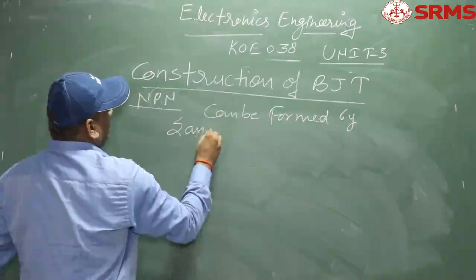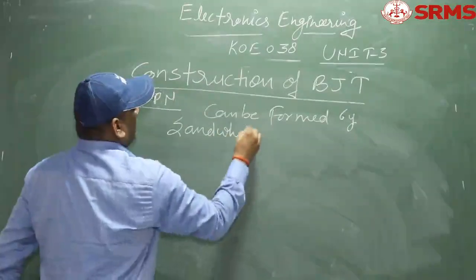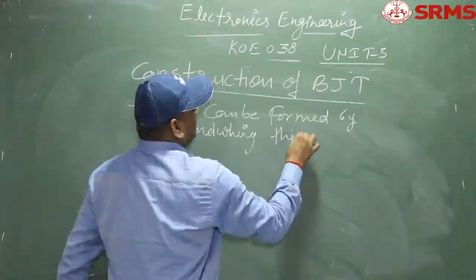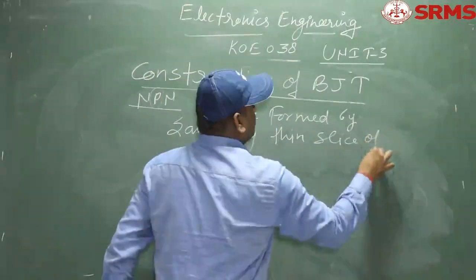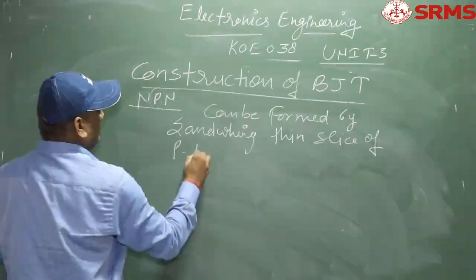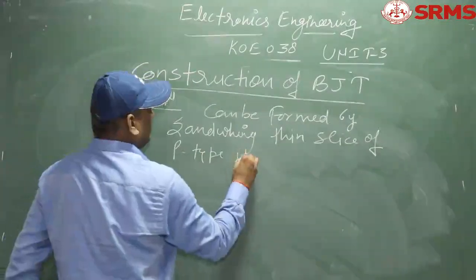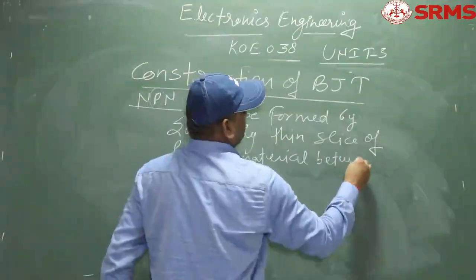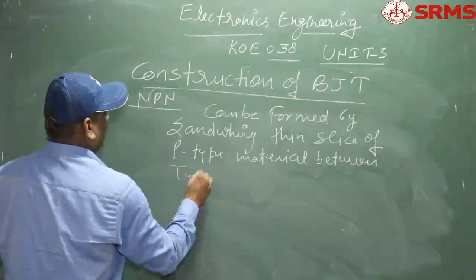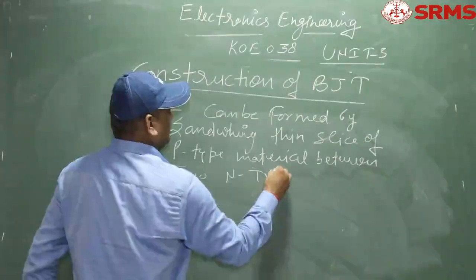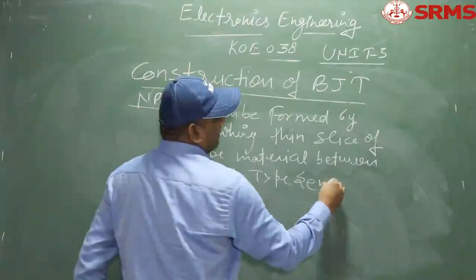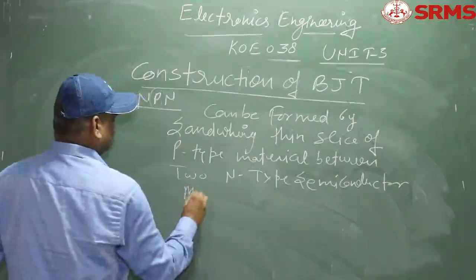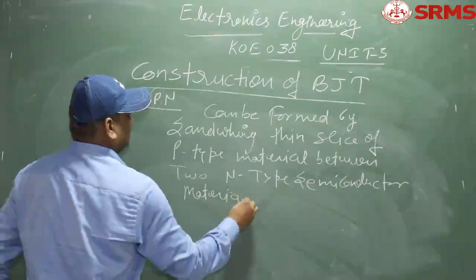It can be formed by sandwiching a thin slice of P-type material between two n-type semiconductor material.